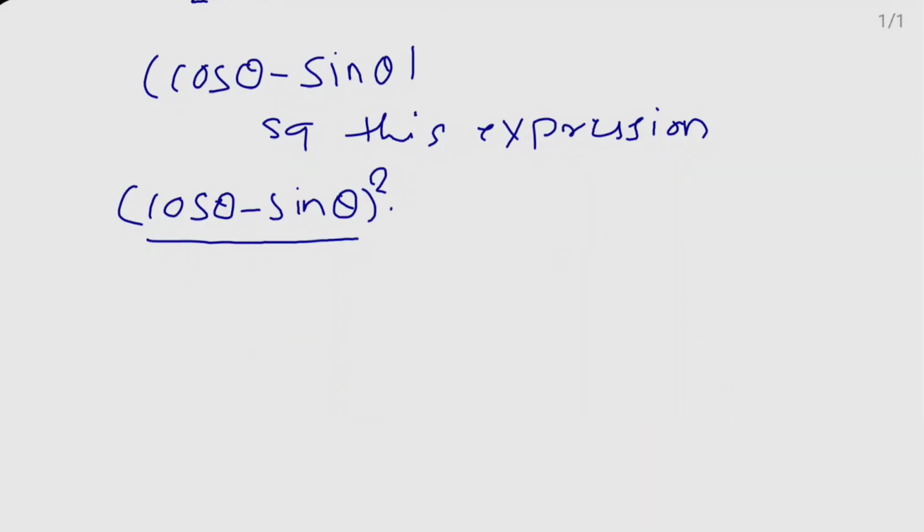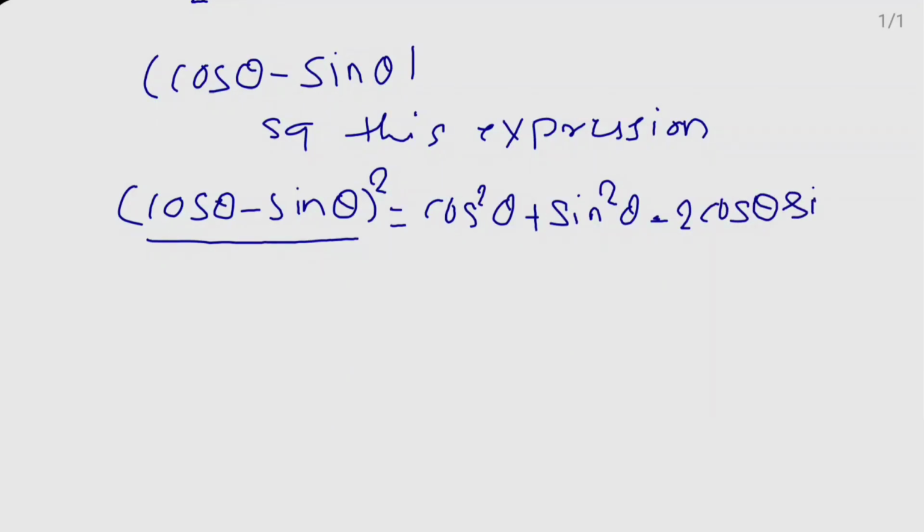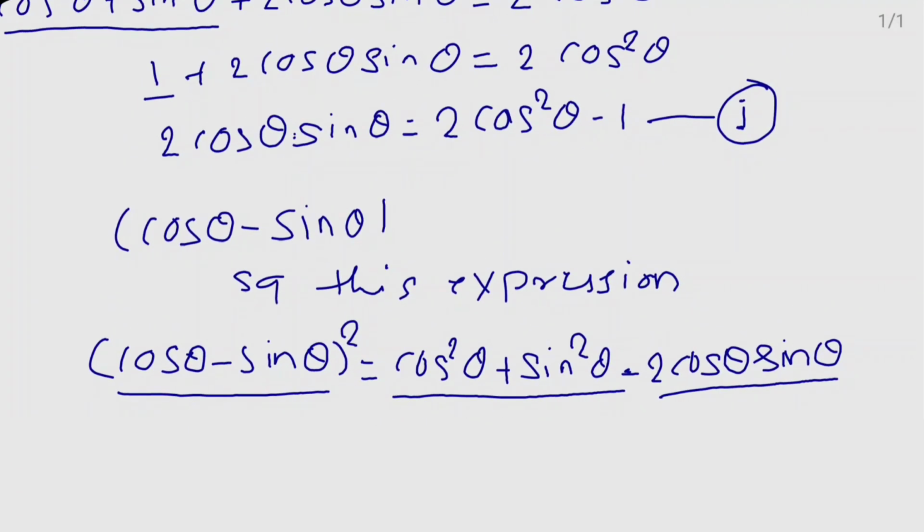So expand it here: cos square theta plus sin square theta minus 2 cos theta sin theta. And here cos square theta plus sin square theta is 1, and minus, already we found out this value, which one, 2 cos theta sin theta. See here, 2 cos theta sin theta equal to 2 cos square theta minus 1.